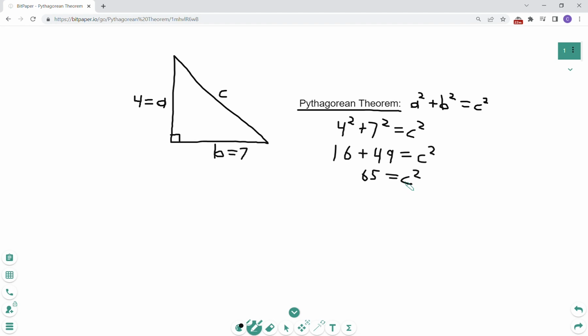Now how the heck do we solve for c? Well, now we got to square root both sides to get rid of the square. So we'll square root on the left, and then we got to square root on the right. Because remember, whatever we do on the left-hand side, we got to do the same thing on the right-hand side.